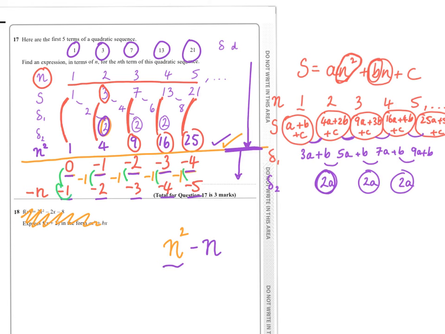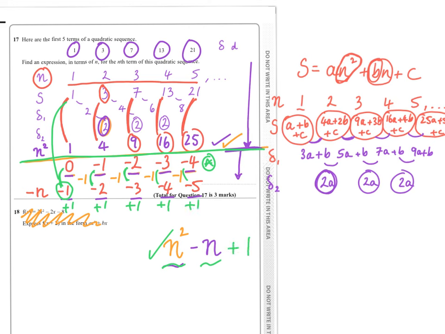Notice I'm not comparing this number to where we started, because when I got to this line I'd already worked out that it had the square numbers in it, so I only had to look at this new sequence here and crack that one. So just to recap, we've got n squared, we've got -n, and now we've worked out that we just need to add 1 each time, which is the constant part.